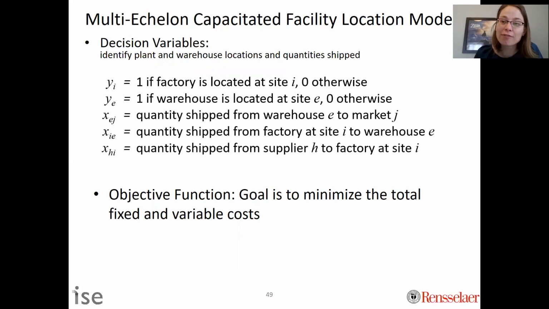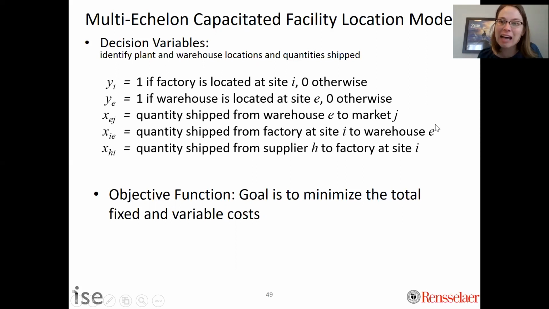So again, a facility decision is a 0 or 1 binary variable, but we have 2 types of those. That's why we have 2 types of decision variables. And then we again use x to represent the quantity shipped, but now we need to consider all 3 of these parts of the supply chain. I'll start on the bottom: from the supplier to the factory, from the factory to the warehouse, from the warehouse to the market. All right, so those are decision variables.